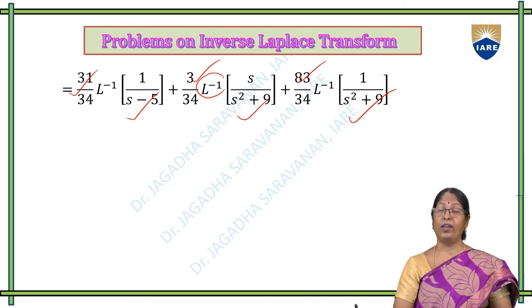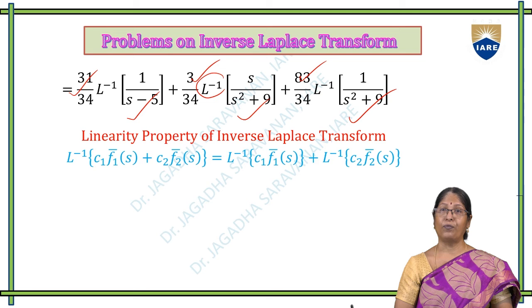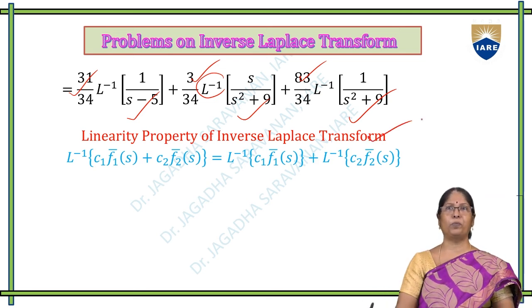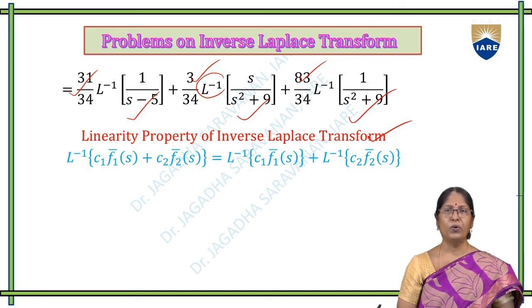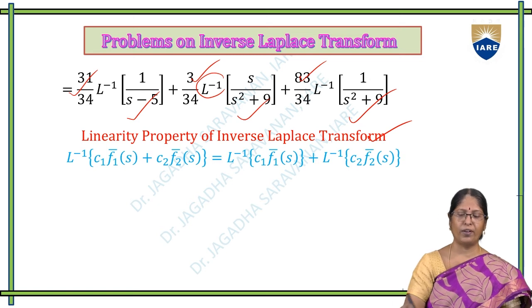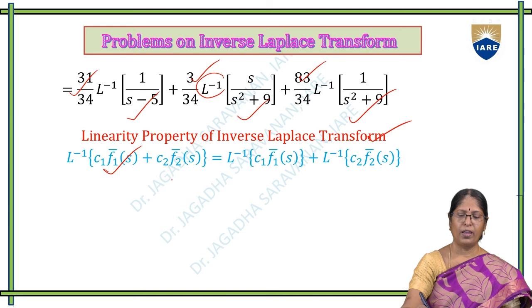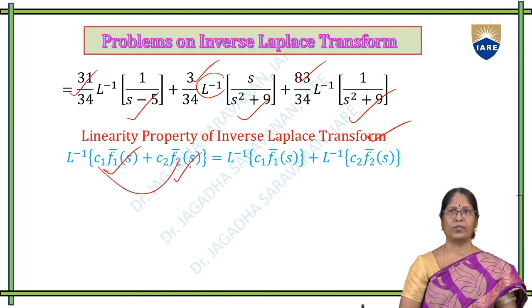Fine. Now for L inverse of each term we find the inverse Laplace formula. But which formula helped us? The formula which helped us is nothing but the linearity property of the inverse Laplace transform. Using that property, we can write f1 bar as one function, f2 bar as another, and c1, c2 are constants.